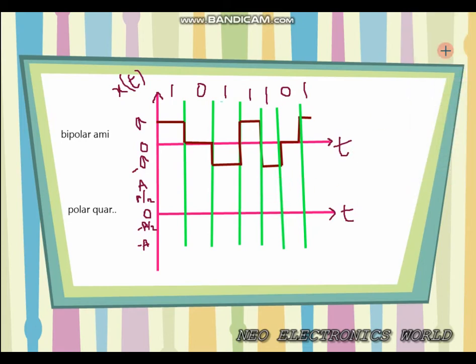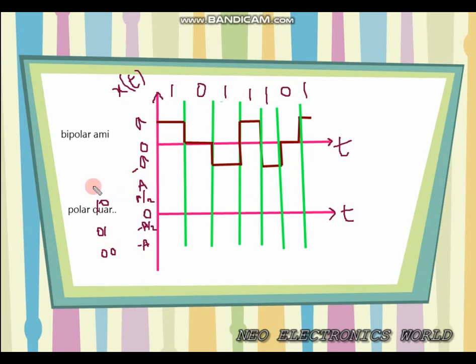Here one thing we forgot is that for denoting 0 0 we have to use minus A. Then for denoting 0 1 we'll use minus A by 2. Then for denoting 1 0, we will use A by 2.